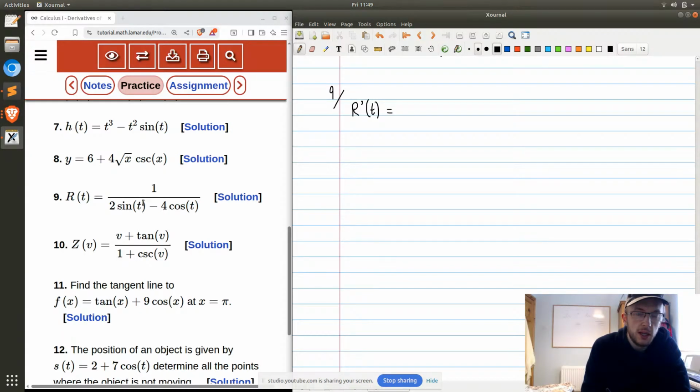So f prime g cancels out. So minus f g prime. So we have to find the derivative of this denominator here. So that would be that, then that, then this has to be squared out.